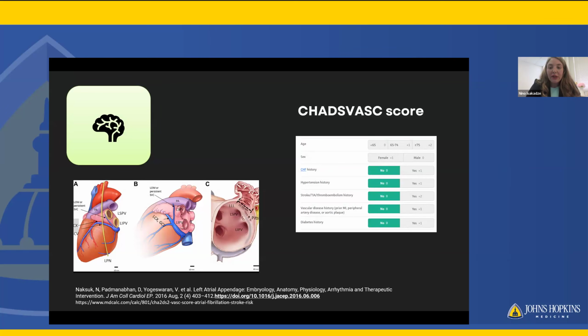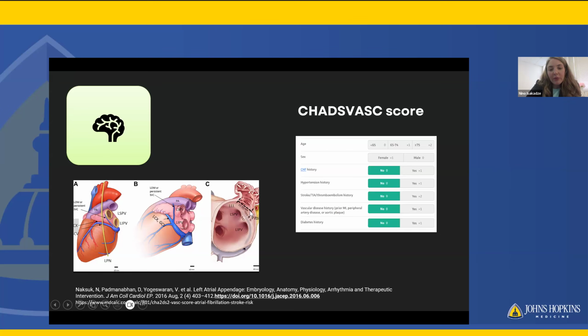The risk of stroke is assessed by the CHA2DS2-VASc score. On the right of the screen, you see the list of medical conditions, which gives us the ability to calculate the annual risk of stroke. On the left of the screen, there is a picture of the heart that is cut out, and you see this kind of pouch that is coming out.